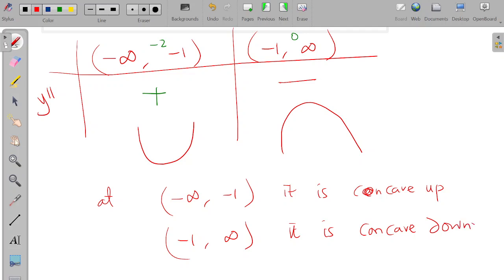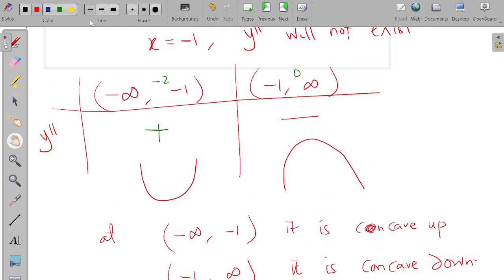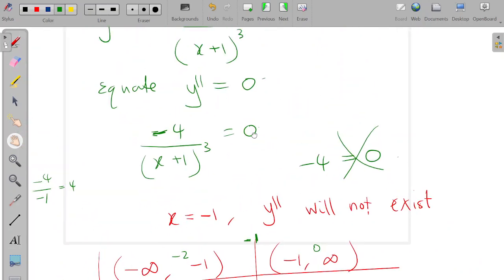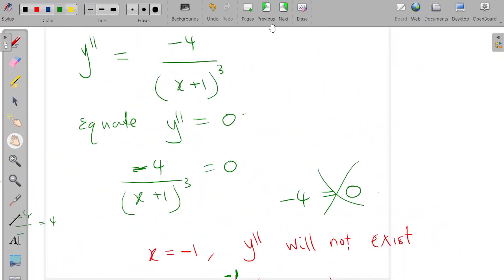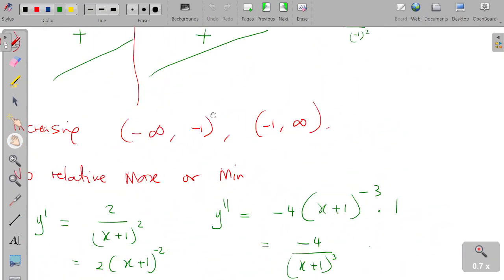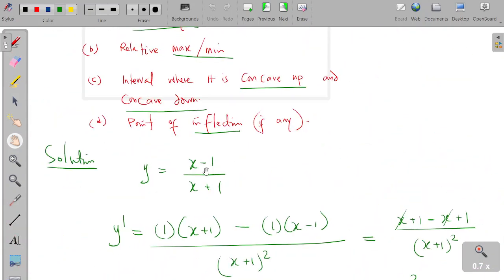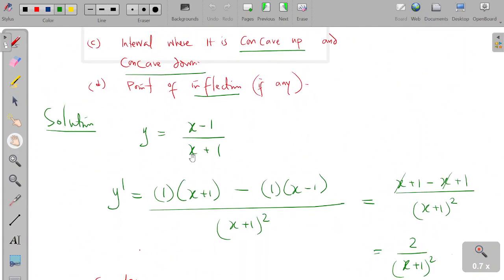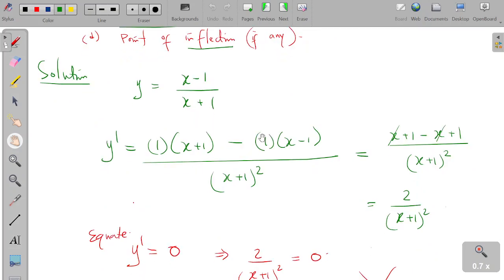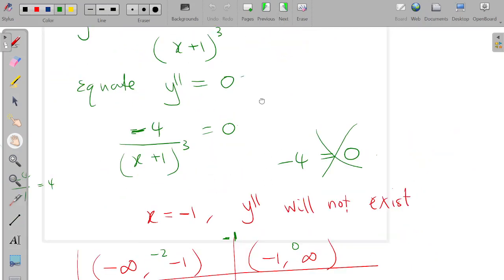So concavity changes at negative 1. But if we look at the function given to us, negative 1 makes it undefined. So negative 1 is not part of the domain of the function.